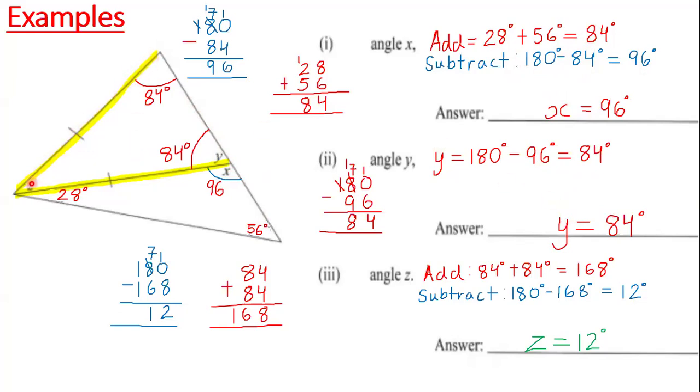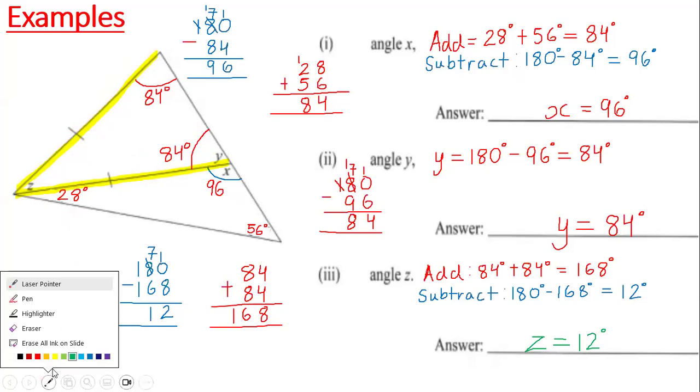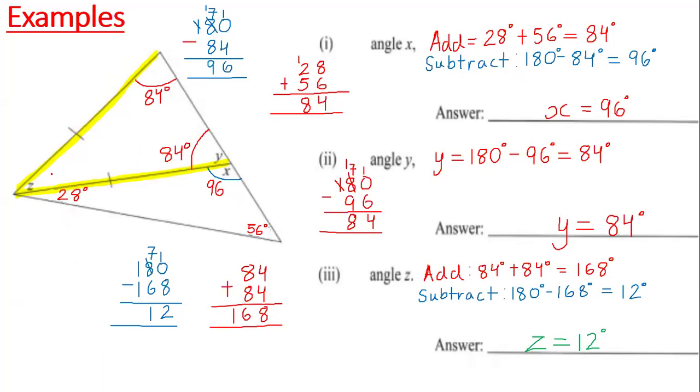If this side has this line, that means this side has this line, so both sides and both base angles are equal. If this is 84, this must also be 84. We add 84 plus 84, that gives us 168. We subtract that from 180, and that gives us Z is equal to 12 degrees.